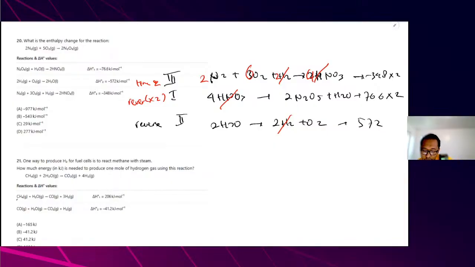Which one? So I think I made a mistake. Okay, minus 696. It's already great, I think.